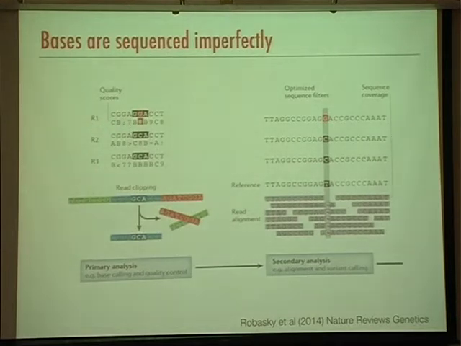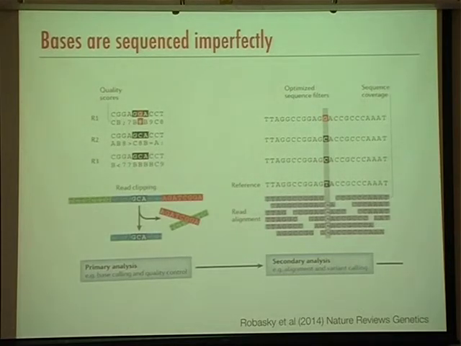So specifically, in a programming language, we can convert the C into its numeric value, which might be, I can't remember the exact values, but let's say it's 3. Or I'll give a more typical score. Let's say it's 30, okay? And then that 30 corresponds to a probability of error of 10 to the negative 3.